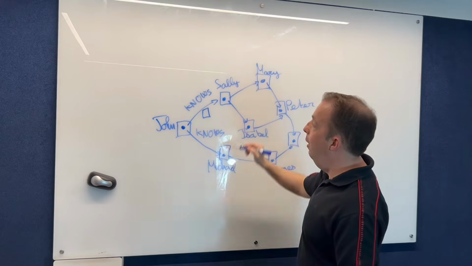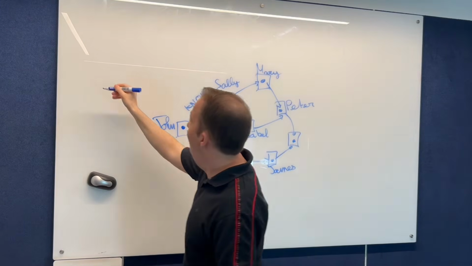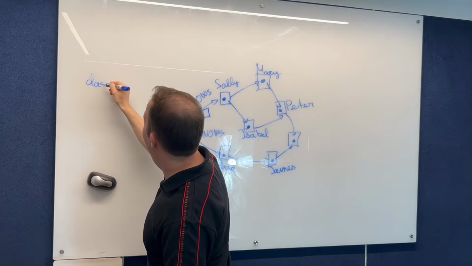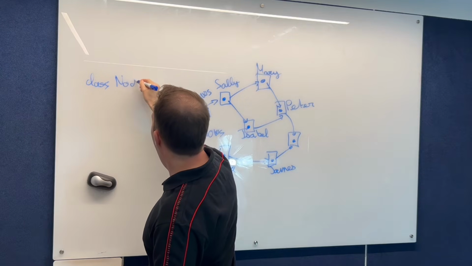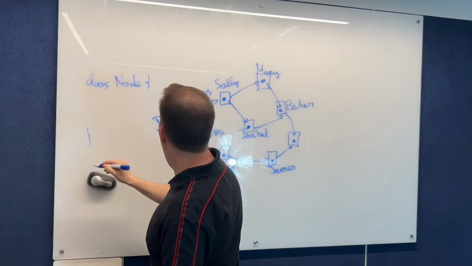Okay, so a Java object is something that's an instance of a class, where I have essentially class node, and so on.